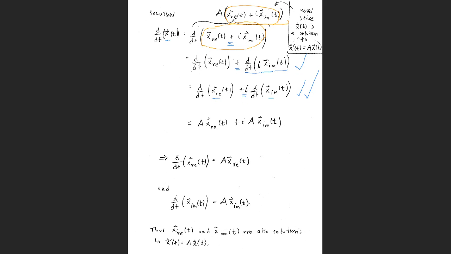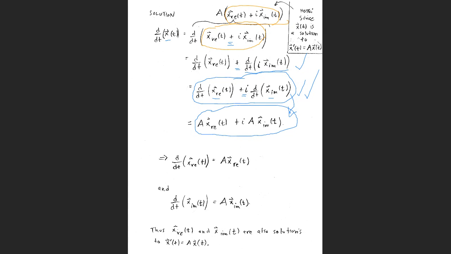Well, now, going from this step to this step, I say all of a sudden that the sum of these vectors is equal to A times x real plus i times A times x imaginary. Where do I get that from? Well, I get that from up here.